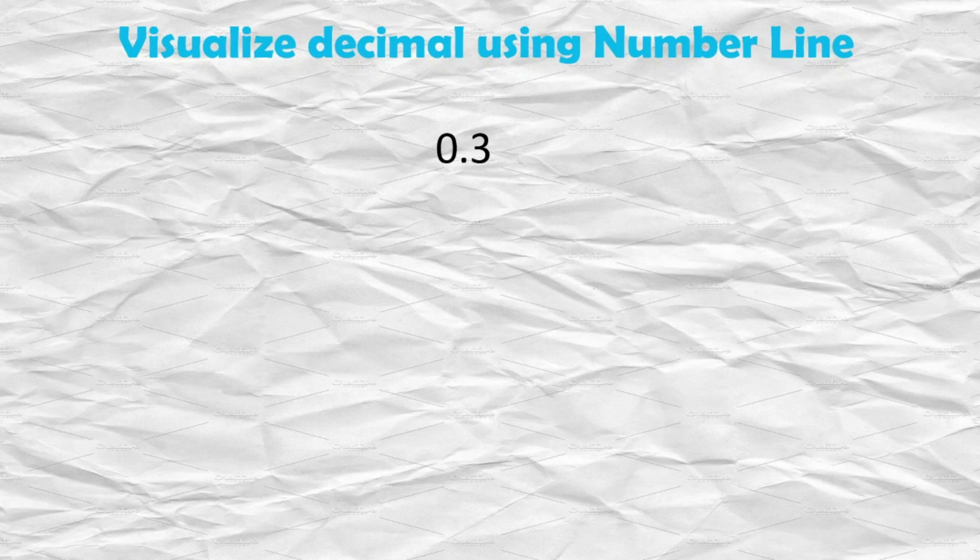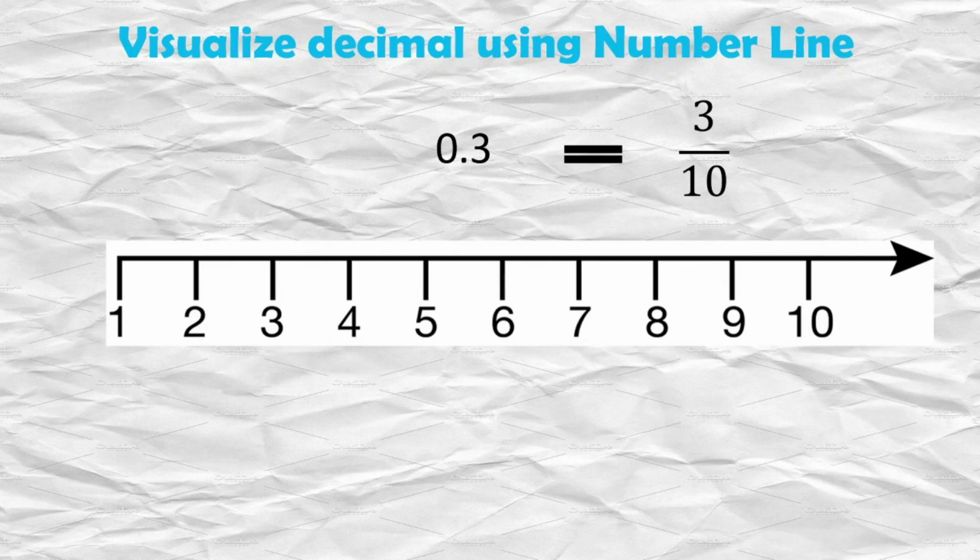Okay, so we have 0.3. In a fraction, we have 3 over 10 because 3 is in a tenths. One digit, 1 0. So, paano natin siya or paano natin gagamitin ang number line? Gagawa tayo ng number line. Ayan.